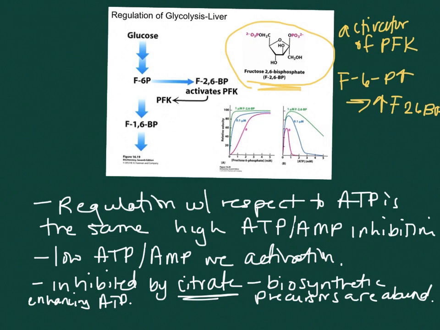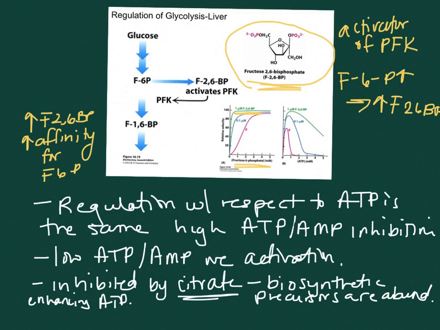So you can see that in the two graphs here. When we have PFK, and when we have fructose 2,6-bisphosphate, as we increase the concentration, you can see by this change in the curves that we increase the affinity for the substrate. So let me write that down. As we increase fructose 2,6-bisphosphate, we increase the affinity for fructose 6-phosphate.